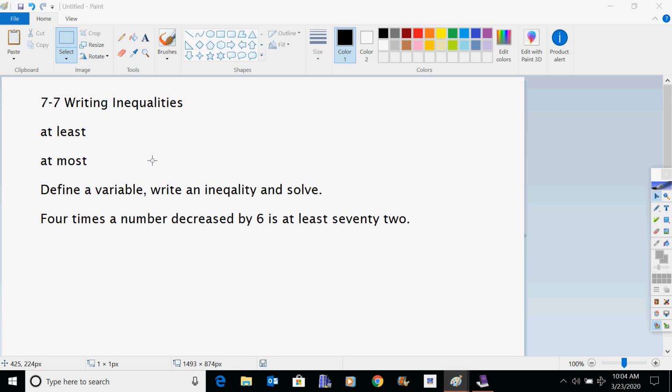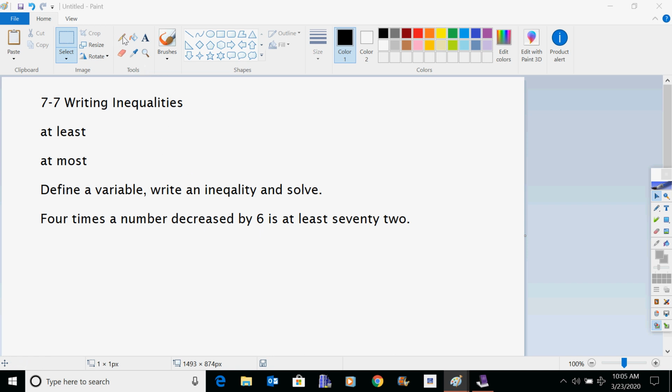If I had at most $20 in my pocket, I could have 20 but not 21. I might have 5, 15, or 18, but at most $20. Keep in mind these words, they're important when thinking about inequalities.